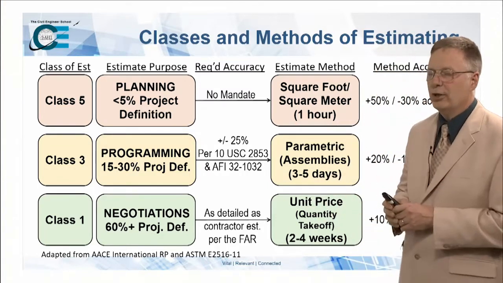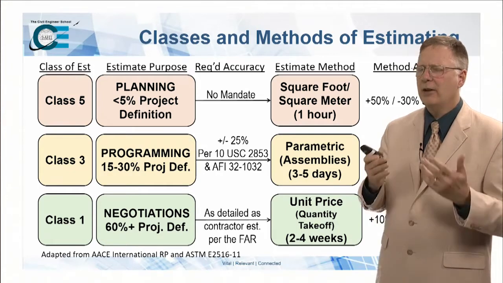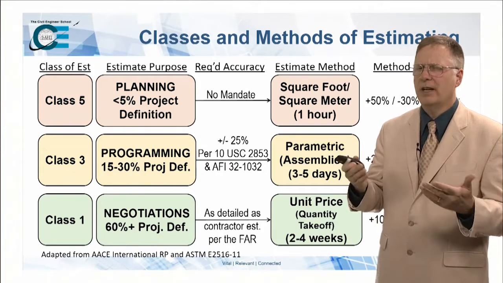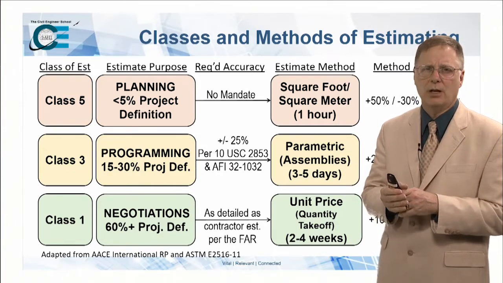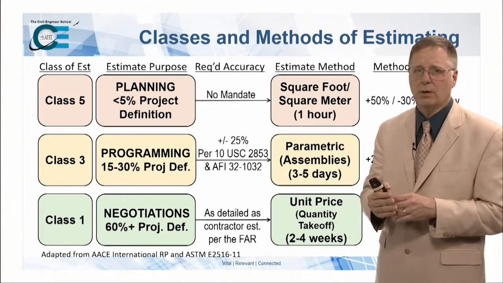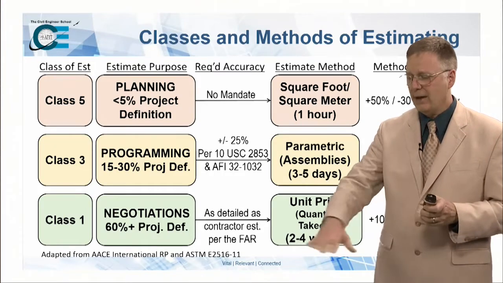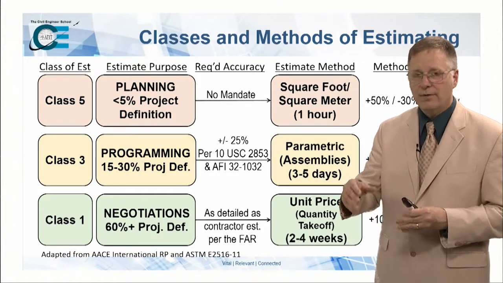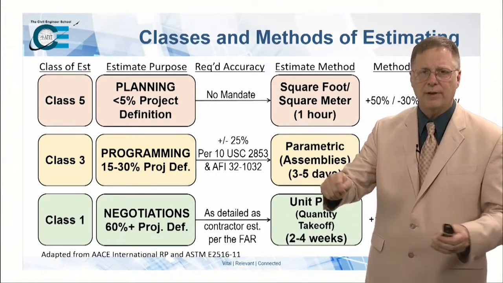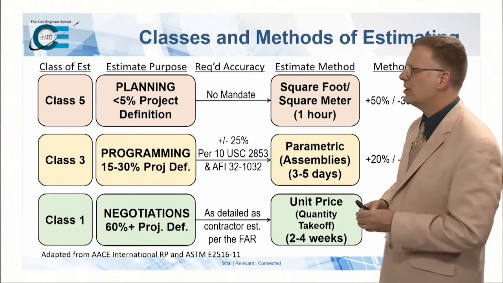It's going to be using unit price methods, which is how you probably figured estimating would be done if you've ever done this on your own private basis, like for an addition to your house, or trying to come up with what you're going to lay out for your floor. You've actually gone in there and measured out and tried to figure out the quantities of carpet or whatever it is.